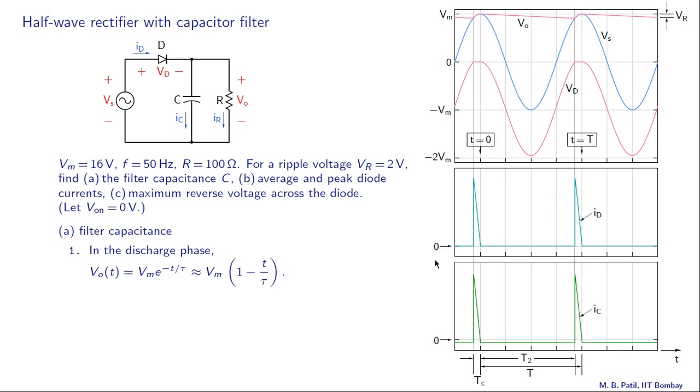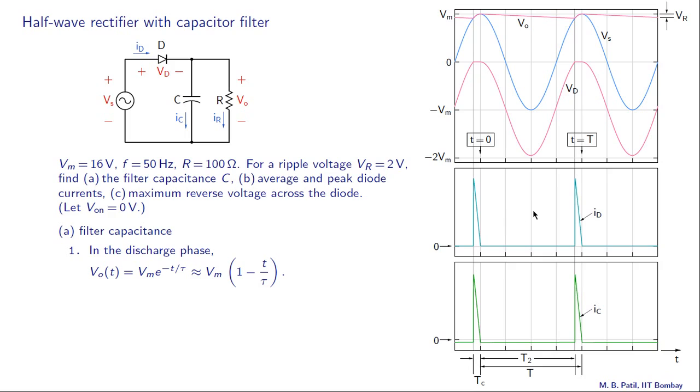Let us recall that the diode conducts in a relatively small interval, then it is off, then again it conducts in the next cycle, and so on. This part corresponds to the charging, that is increase of voltage, and the maximum is Vm.